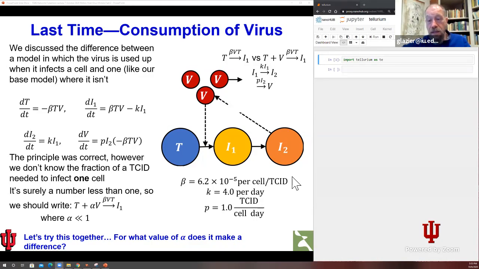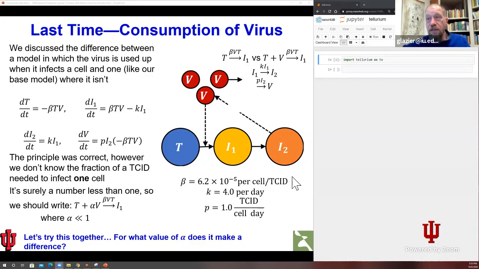And I think, given how the time is going, I'm not going to do this as an exercise, but my original plan was to do a little exercise with you to come back to where we were in class the other day, and explore as you changed alpha. Clearly, if you make alpha very, very tiny, you recover the limit where you're not using up the virus at all.